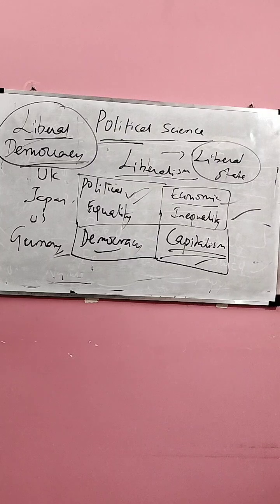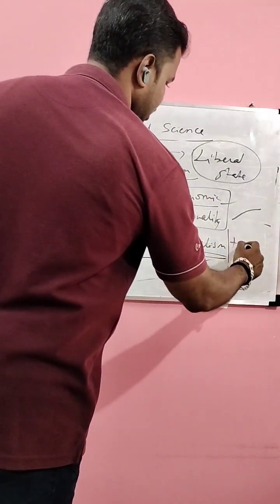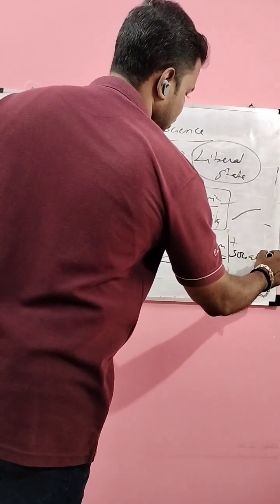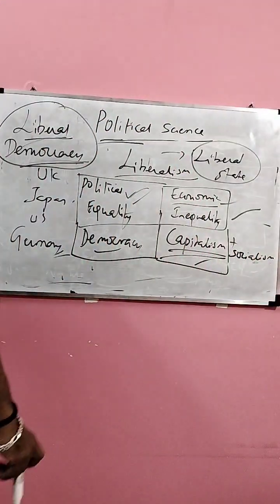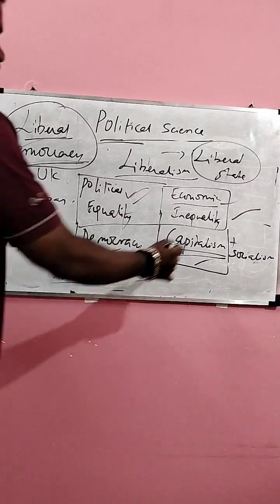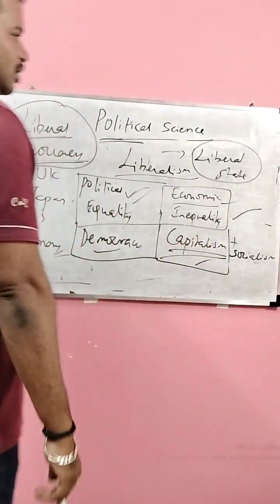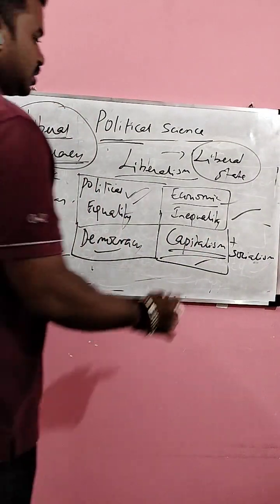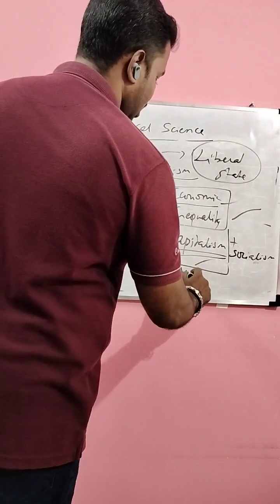Even though they can be classified under the larger concept of the liberal theory of state, some liberal states may have some features of socialism also. For example, India. Our economy is not a pure capitalist economy, but a mixture of capitalism and socialism. The resultant system is called mixed economy.